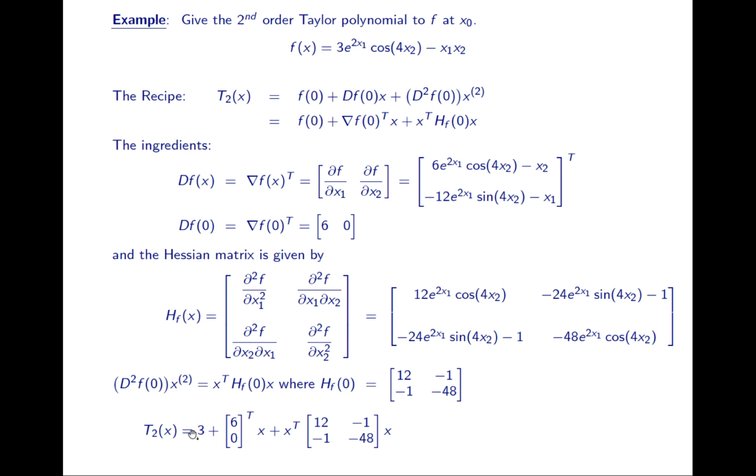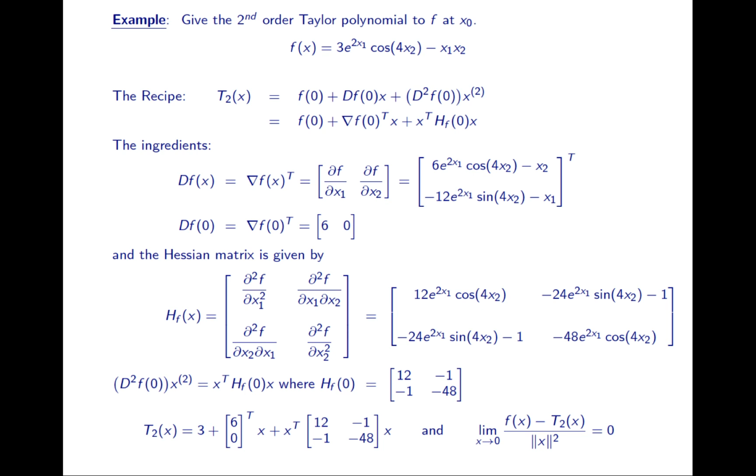And my second order Taylor polynomial is given by this polynomial. 3 plus the vector 6, 0 transpose x plus x transpose times the matrix 12, negative 1, negative 1, negative 48, x. Right, so this is a quadratic, or a second order polynomial, of vectors in R2 to numbers in R.